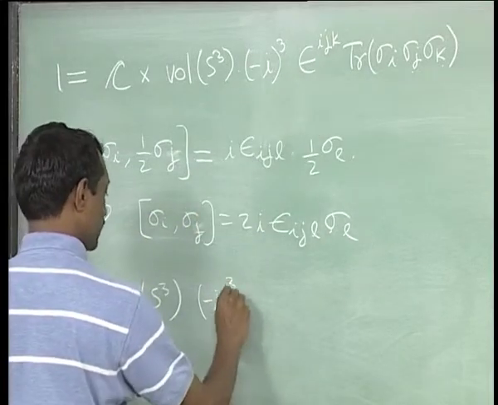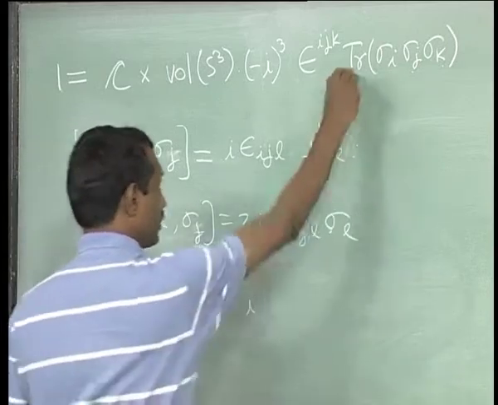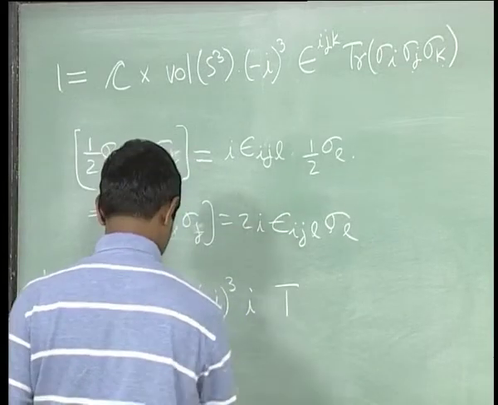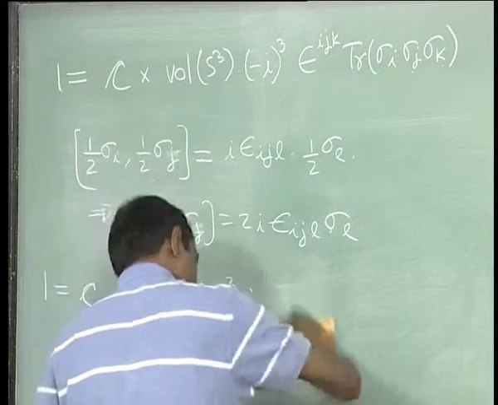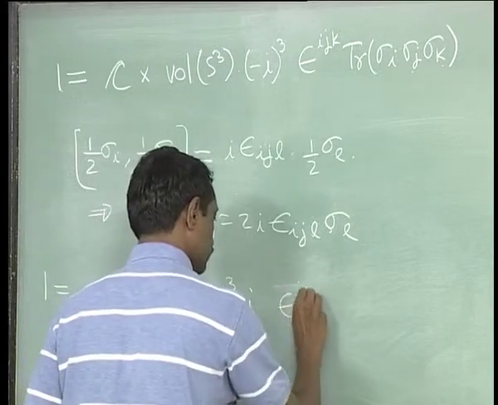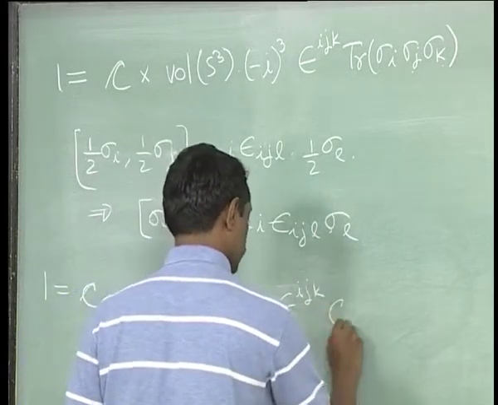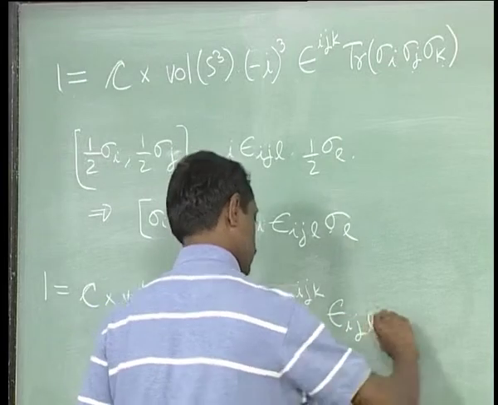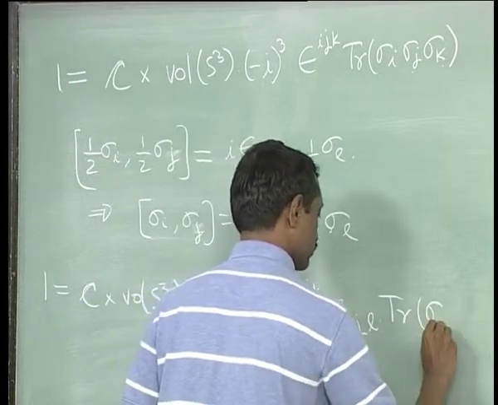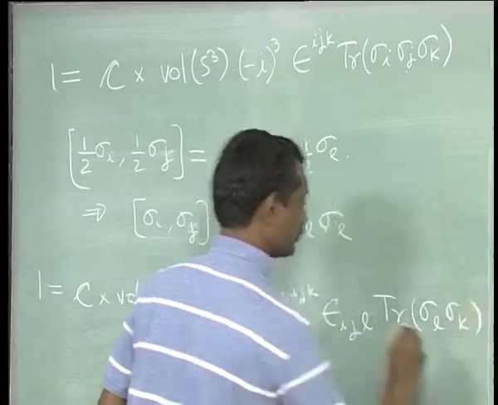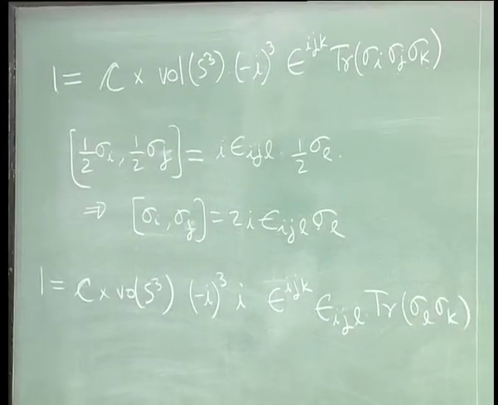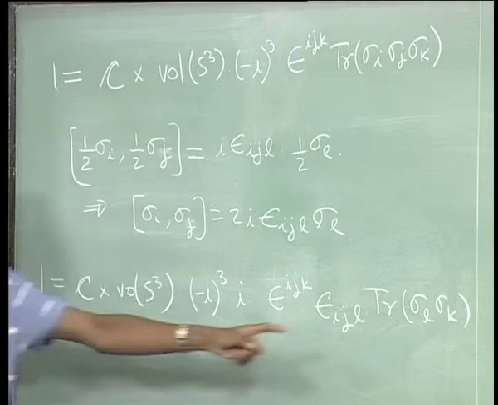So it is minus this thing into i times the trace, and this is equal to 2 delta_lk.